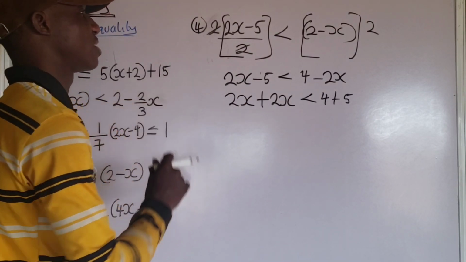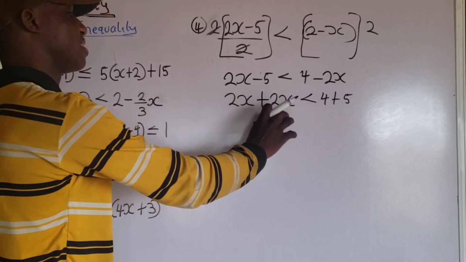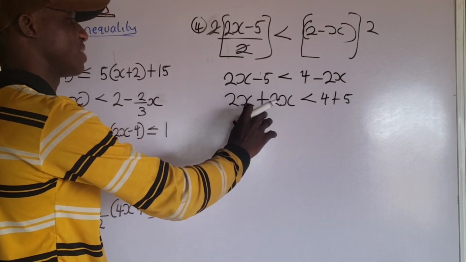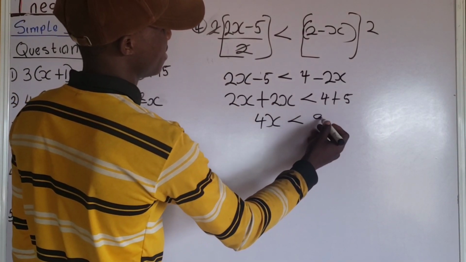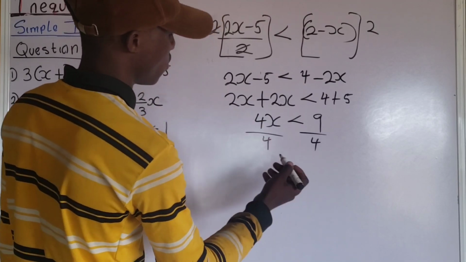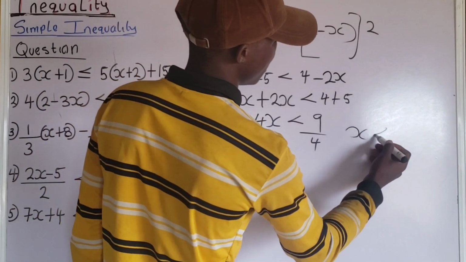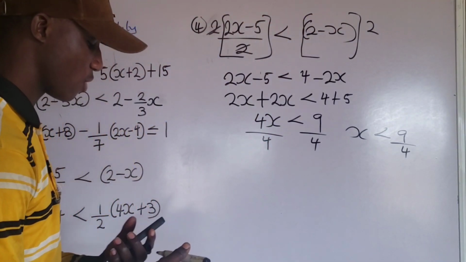So I collect like terms. 2x plus 2x, that is 4x. 4x is less than 9. Divide both sides by 4. So x is less than 9 all over 4. That is the solution to the fourth question.